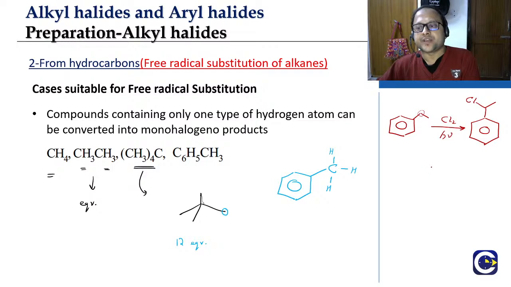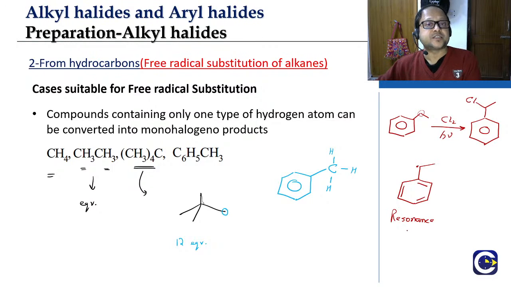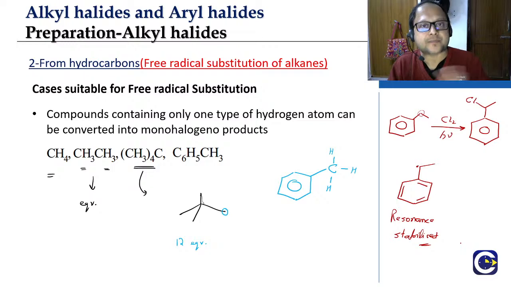Because this benzylic free radical is resonance stabilized, very important to understand this, and the more the number of resonating structures, the more the stability. You must have studied in GOC in class 11th. Right? So I hope this part is absolutely clear to all of you, why these compounds can be used for monohalogenation, because every hydrogen behaves in a similar fashion here, right?